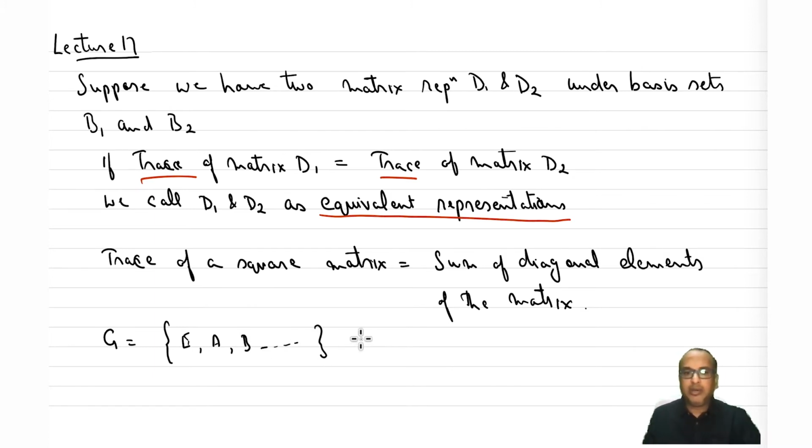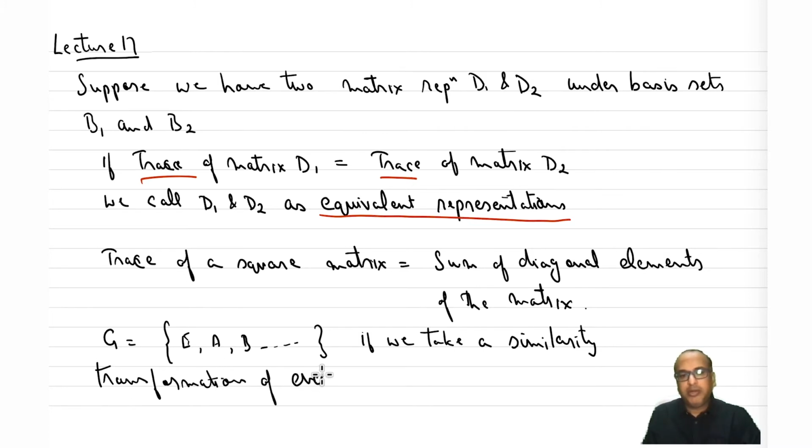Now if we take a similarity transformation of every element under G by some other matrix called Q, in that case we can write Q inverse A Q will be equal to, let's call it as A prime. Similarly, Q inverse B Q, let's call it as B prime, and so on.